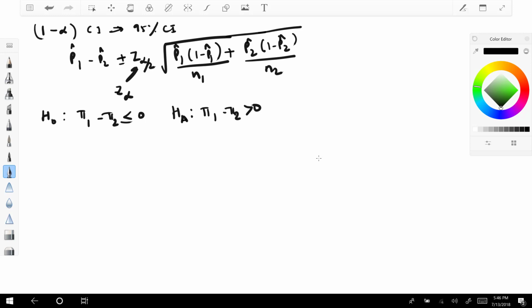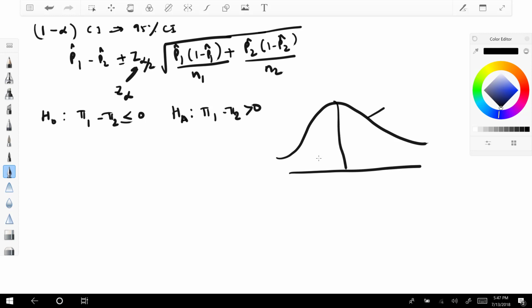So when we draw our normal distribution curve for pi 1 minus pi 2, this is 0, and this is Z alpha. Anything to the left is do not reject.